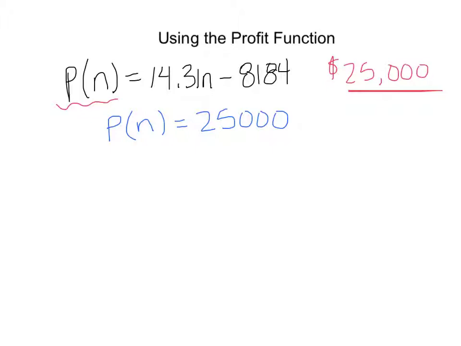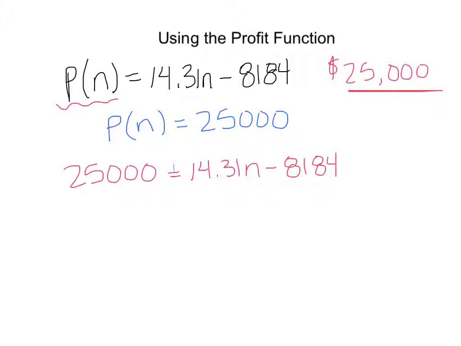This time we're replacing P of n. We're going to end up with 25,000 equals 1431n minus 8184. Now this is just a two-step equation that we can undo to get n, the number of pairs of jeans we need to sell.